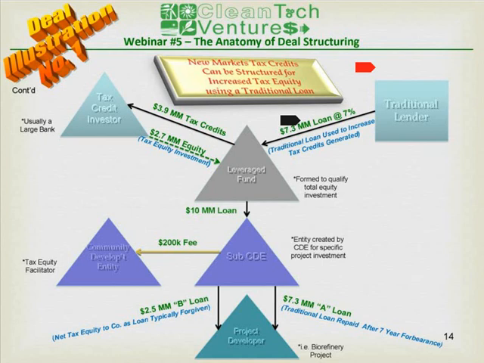So, the range of a sale price for a new markets tax credit is typically between 67 and 70 cents on the dollar. So those dollars, both the combined traditional loan in this example and the $2.7 million in tax equity, ultimately manifest themselves in what's called an A and a B, typically referred to as an A and a B loan, down at the bottom of the slide.